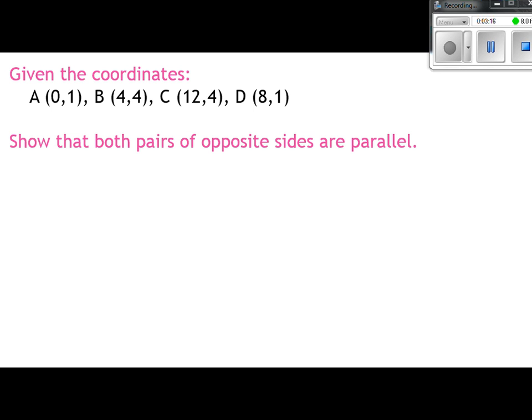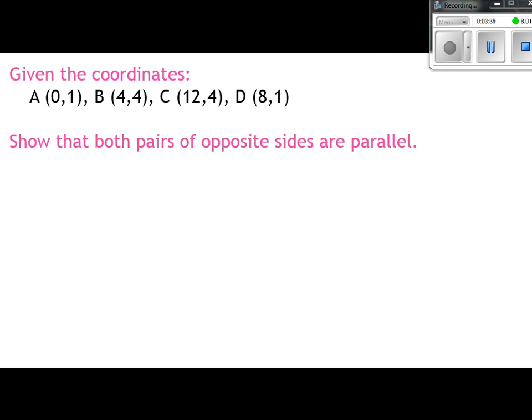Show means algebra, or the work behind it, to prove that this quadrilateral in fact has both pairs of opposite sides being parallel. If they don't turn out to be parallel, then we can't say it's a parallelogram. We would just say it's a quadrilateral.